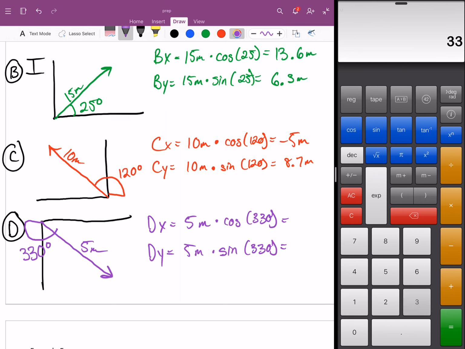Run through the calculator: 4.3 meters. Let's go for DY, times 5 meters: negative 2.5 meters.